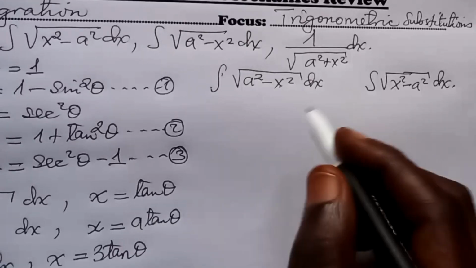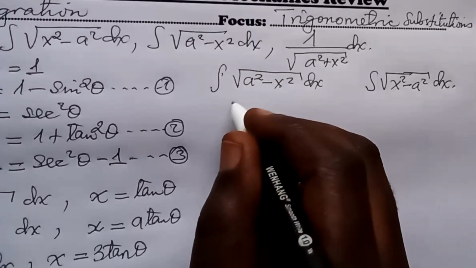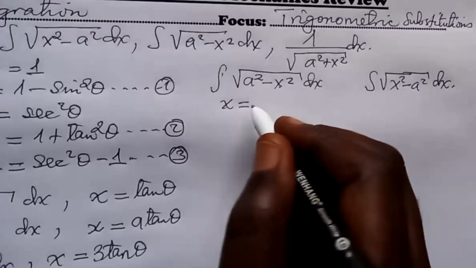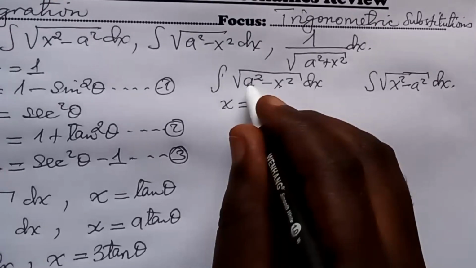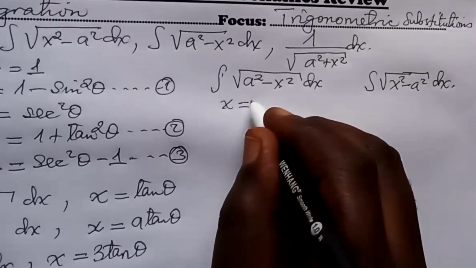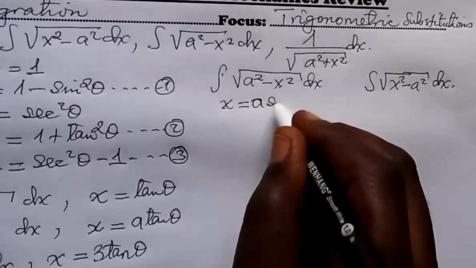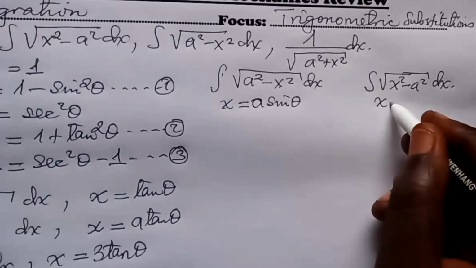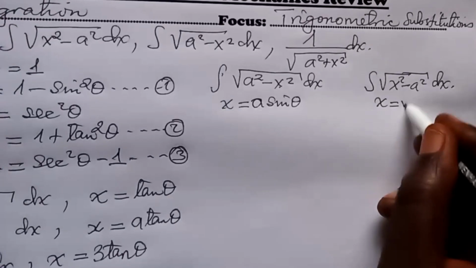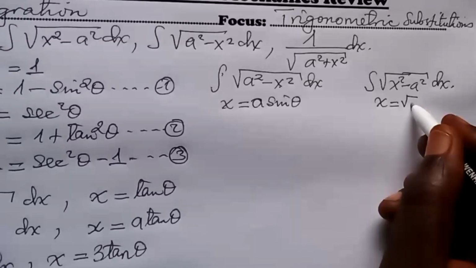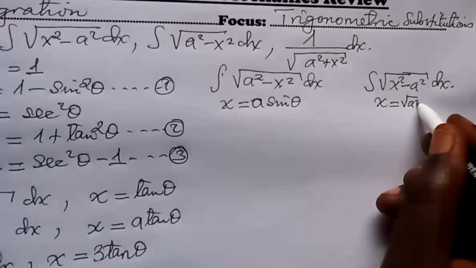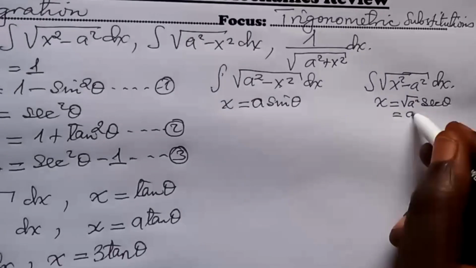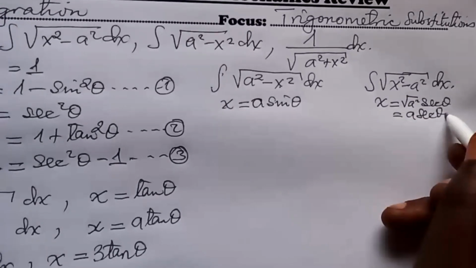So take note. In this one, I would say that x equals the root of the constant term, which is a, and then sine theta. While this other one would take x equals the root of the constant term, that is a squared, and then sec theta. That simply gives a sec theta.